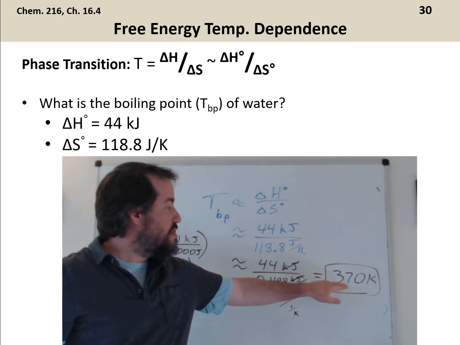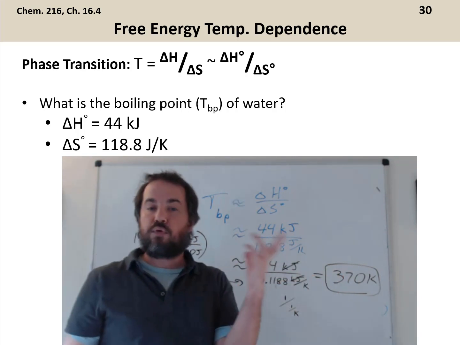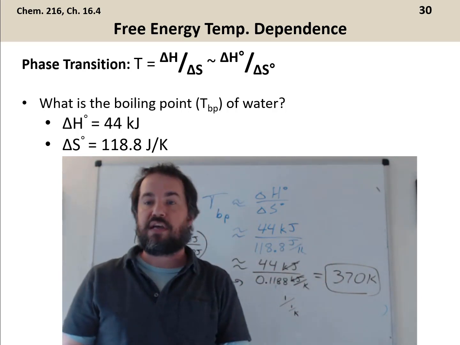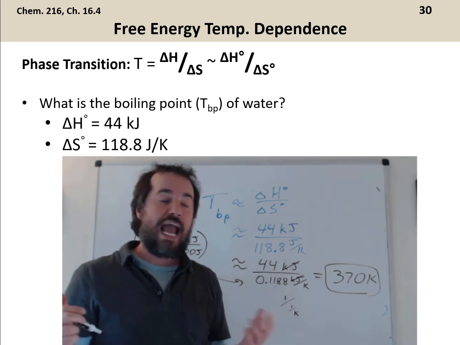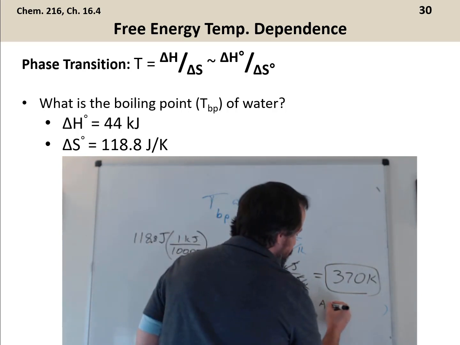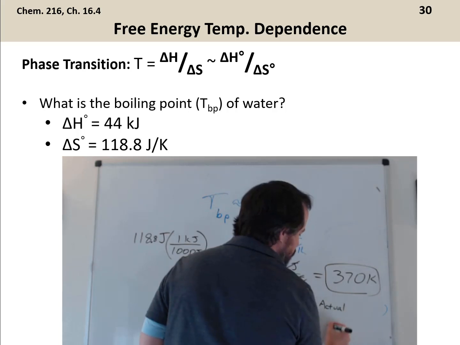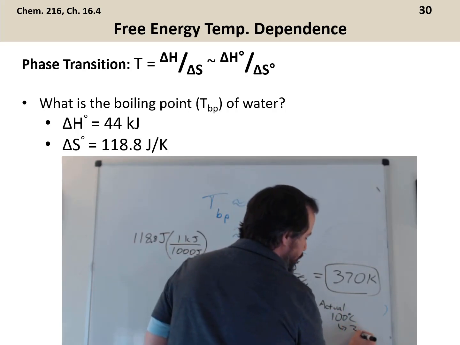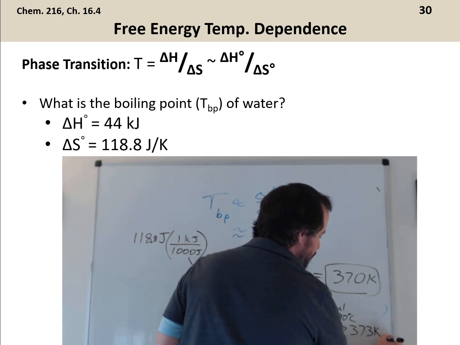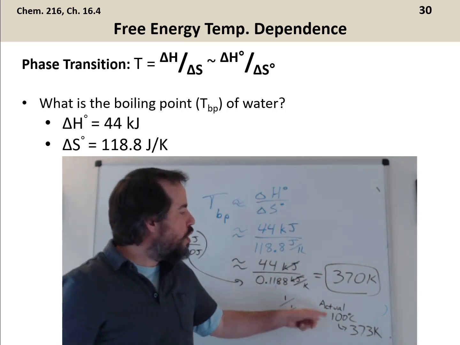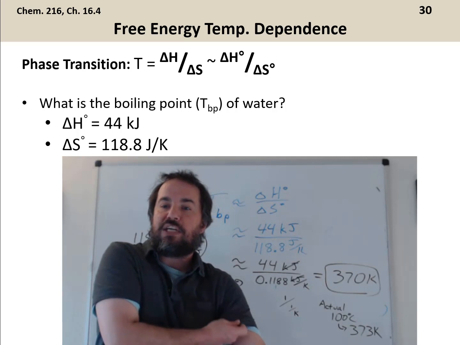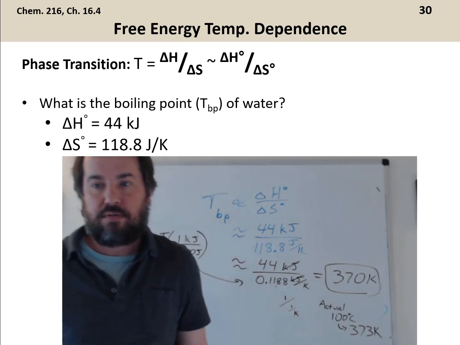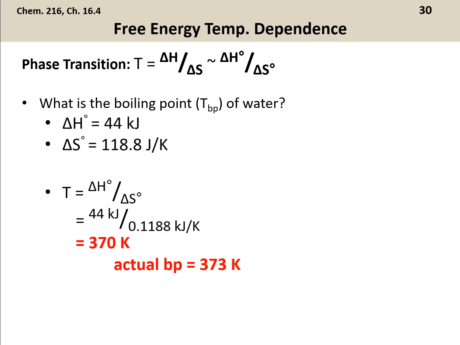Now, this is what I approximate the boiling point of water to be, 370 Kelvin. What's it actually? Well, it's actually 100 degrees Celsius or 373 Kelvin. Okay. So it just gives me an approximation, but it's kind of nice to have another way to find boiling points.